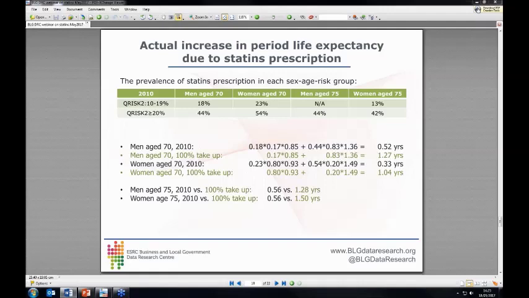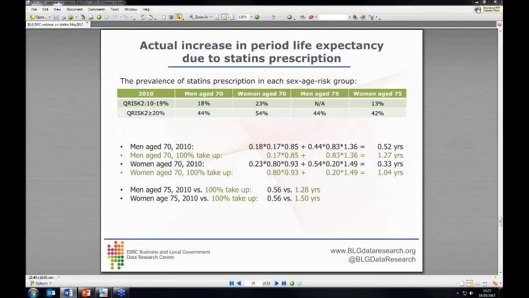be calculated. The table on this slide presents the prevalence of statin prescription in each sex-age risk group in 2010. The statistics are only provided for the age risk groups where statins prescription was associated with uncertain or significant survival benefit. In 2010, of men aged 70 with a cardiac risk of 10 to 90%, 18% were prescribed statins.